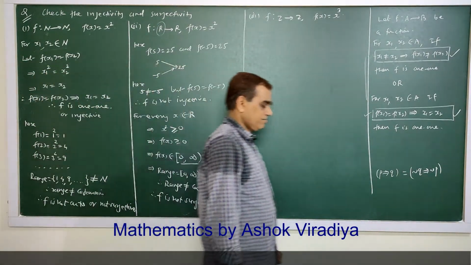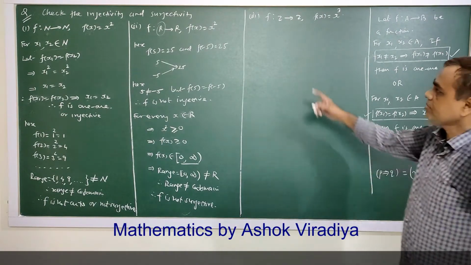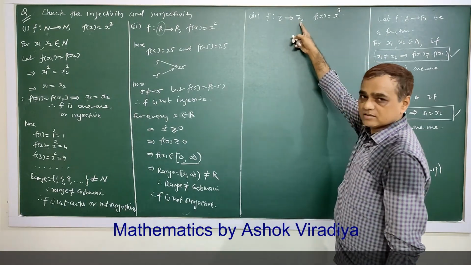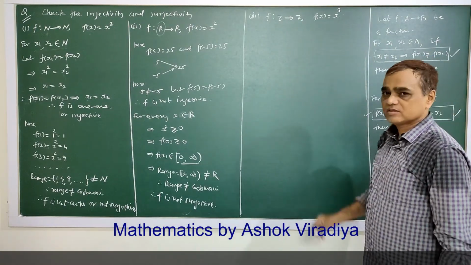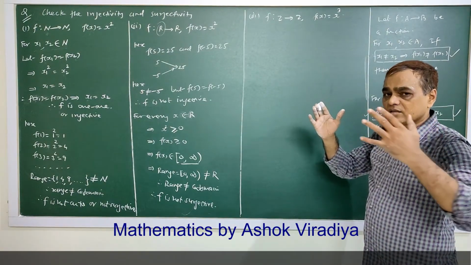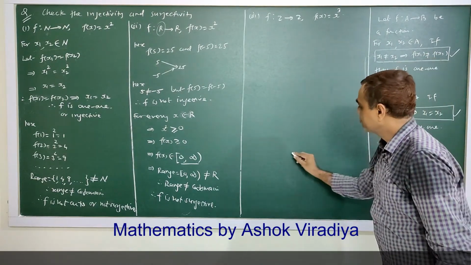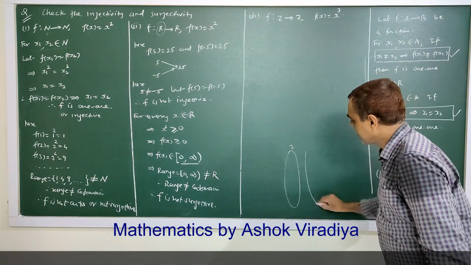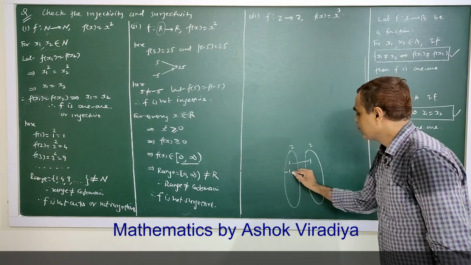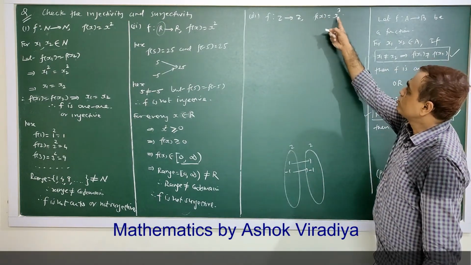Now in this question, say here f: Z to Z, it calculates cube. If you imagine for distinct inputs, their outputs, then image of 1 is 1 cube, image of minus 1 is minus 1. If you keep minus 1, output is minus 1.